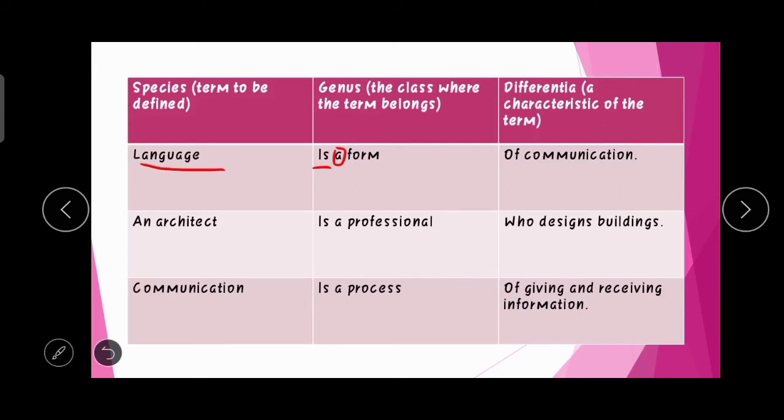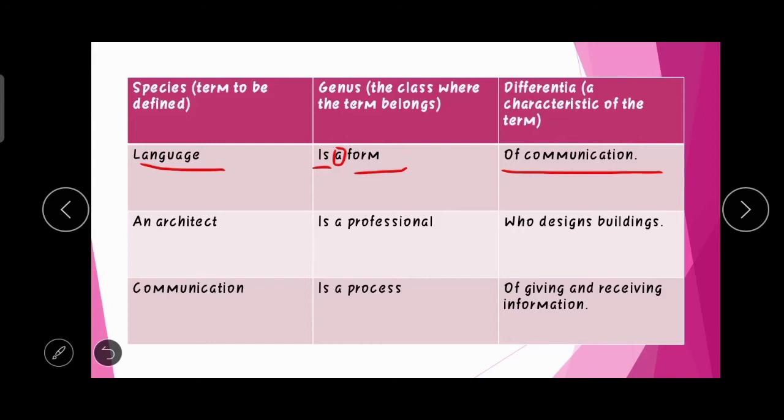As I have said earlier, both species and genus can be introduced by a determiner. Then form is the class category where the term belongs. Of communication is the differentia that states the distinctive characteristics and explains how it is different from other members of the class.